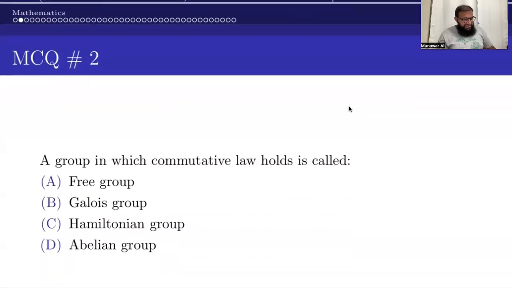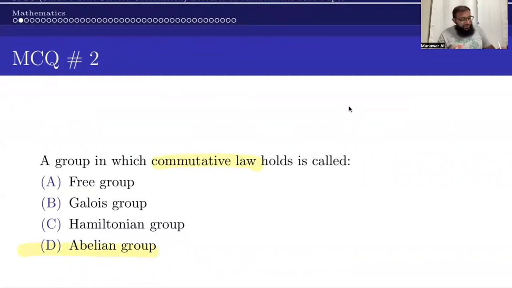So the second MCQ is: a group in which commutative law holds. It's a really very common question, so keep that in mind. I'm not going to define any other group because those are so technical and I'm not good at these things. I will miss many things. But I'm going to tell you, if the commutative law holds, the group is an abelian group. That's it.